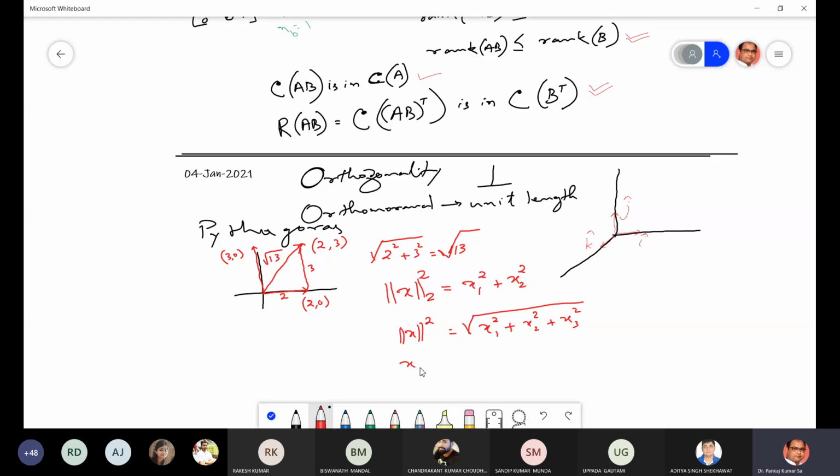For n dimensions also it is the same thing.